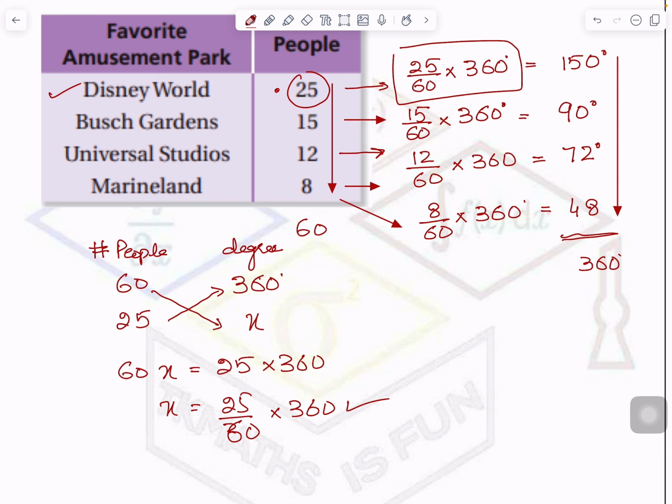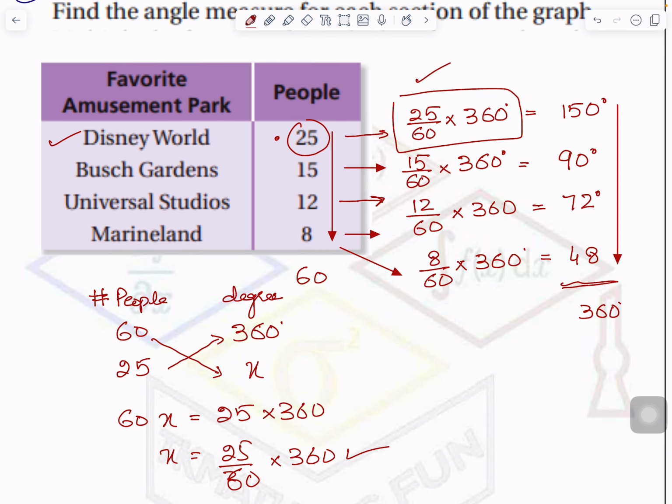Are you getting the same information which I wrote here? So if you are comfortable with this way, you can do it, but try to practice, try to understand the logic so that you can be quicker and faster in your calculation.